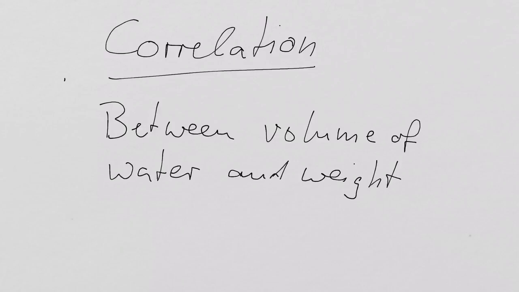And obviously, what you discovered was, hopefully, that there is a positive correlation. The more water you put in, the heavier the whole thing is. And that's a typical characteristic, this phrase of a correlation, the more.